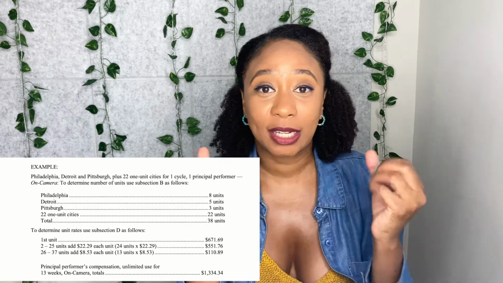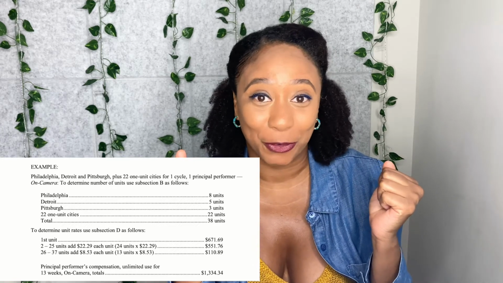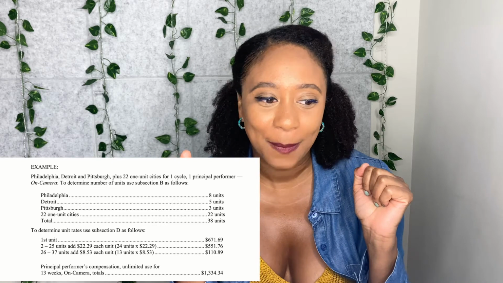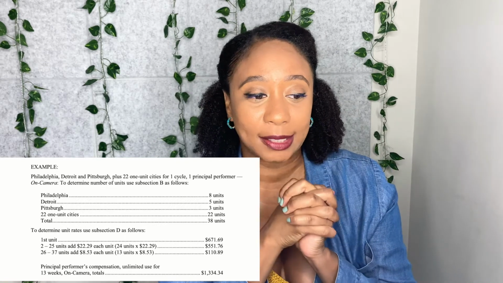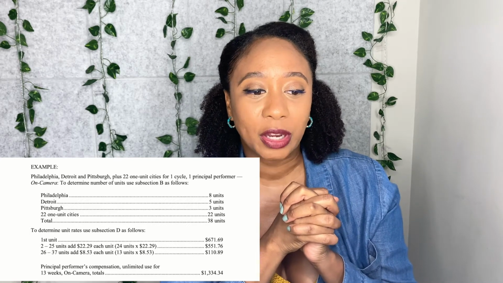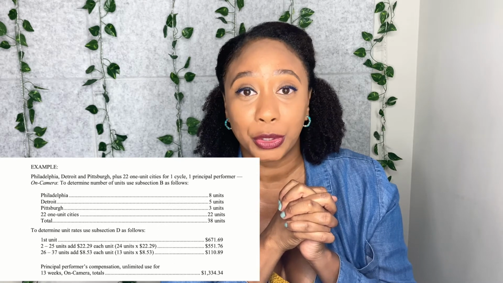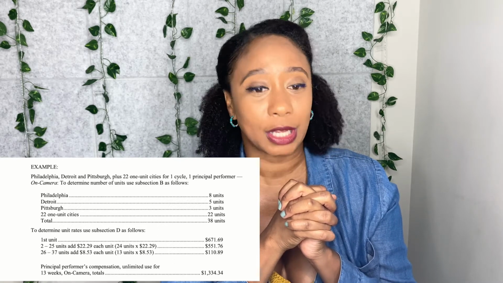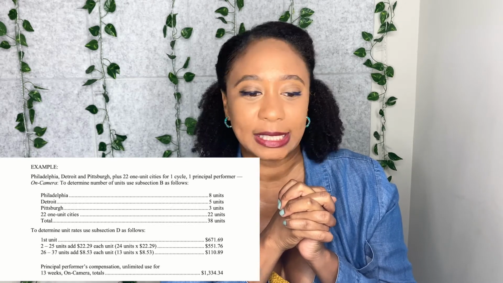Now, let's look at how much money you're going to get for this Poppy's ice cream Wildspot for 13 weeks, 1 cycle. The first unit is $671.69. Units 2 through 25 are $22.29, so you take 24 units times $22.29 and come up with $551.76.